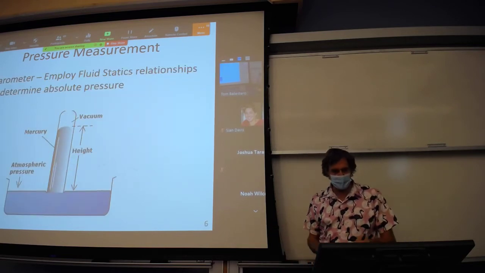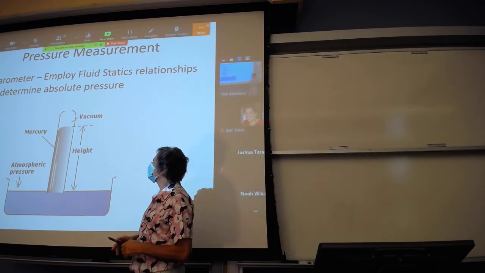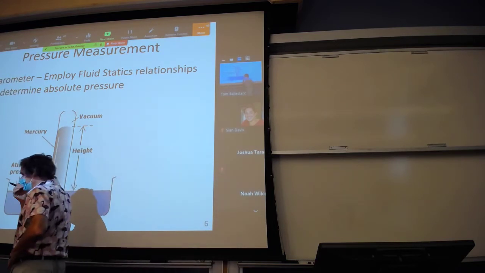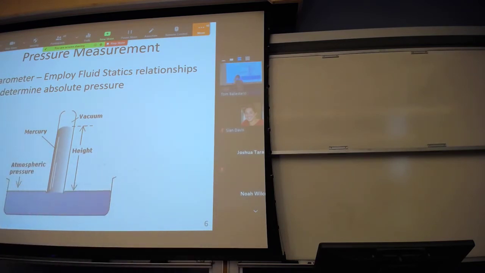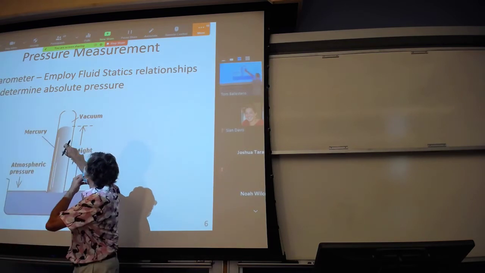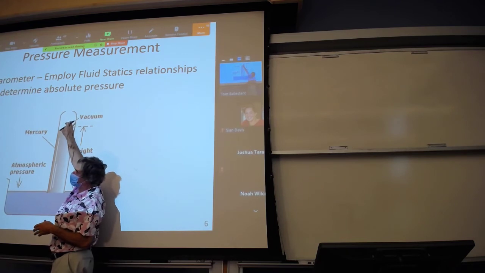And then another thing we'll use, there's two ways of looking at barometers, manometers. One specific class of what are known as manometers is using a column of fluid to represent a pressure. In this case, a barometer typically has a vacuum, almost a perfect vacuum up here.